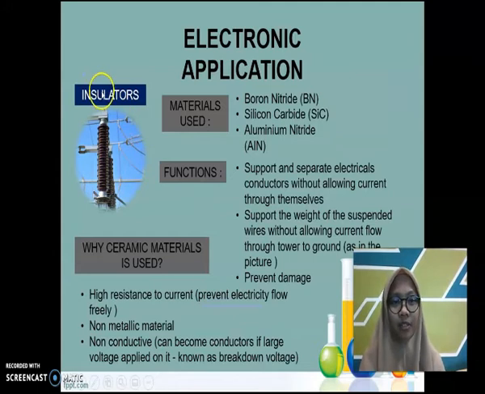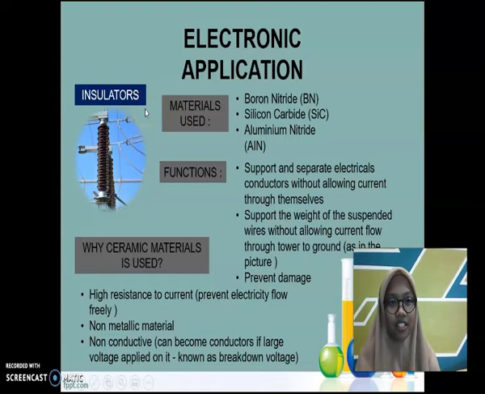Okay, for the insulator, as I said just now, we use boron nitride, silicon carbide, and aluminum nitride, all of which are ceramic materials. The insulator is used to support the weight of the suspended wire without allowing current to flow through the tower to the ground.